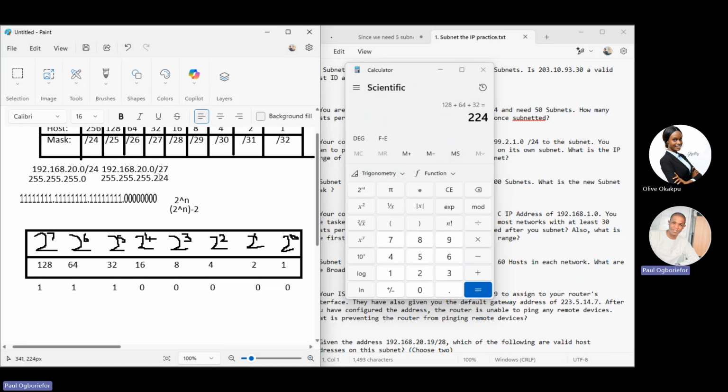It will give you 224. I just want you to have the understanding before we move into the assignment proper. So you see how it is now.